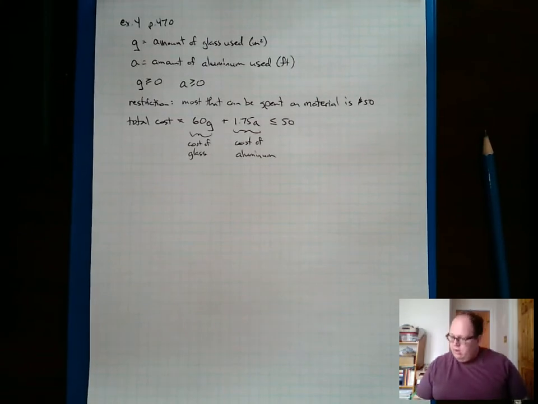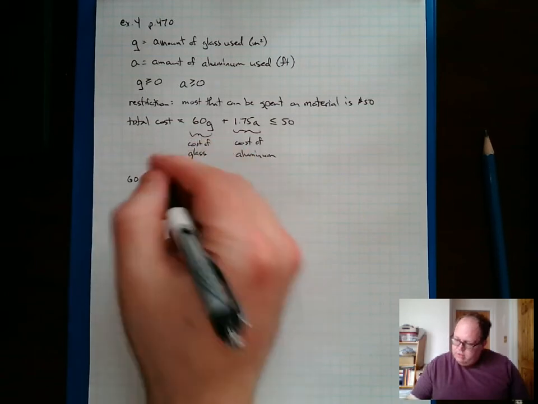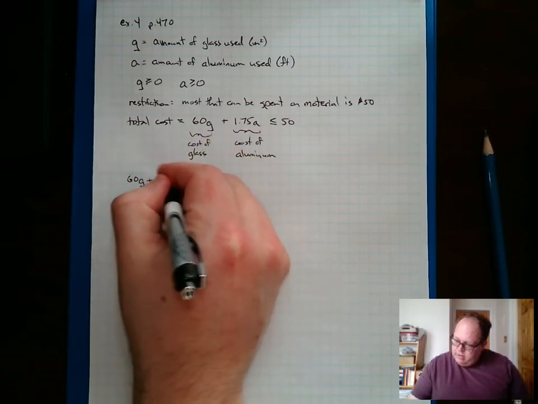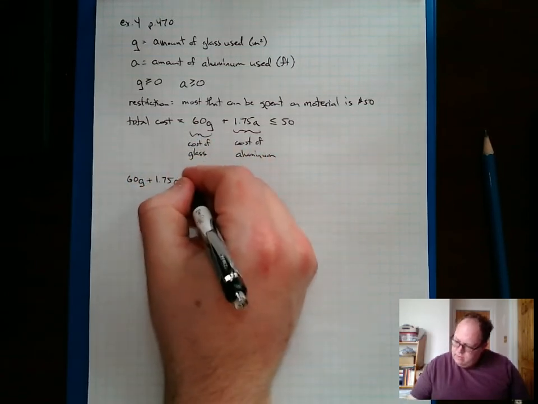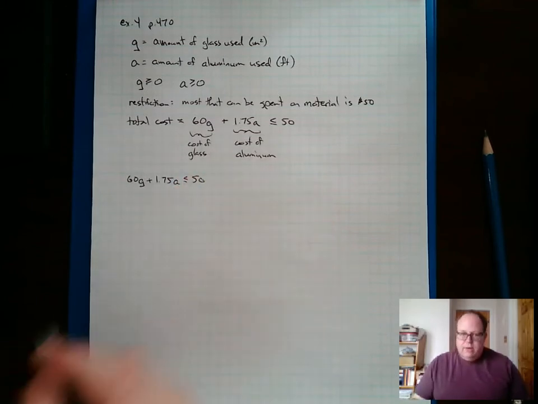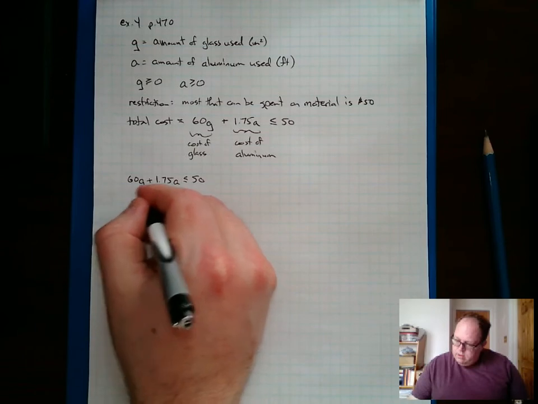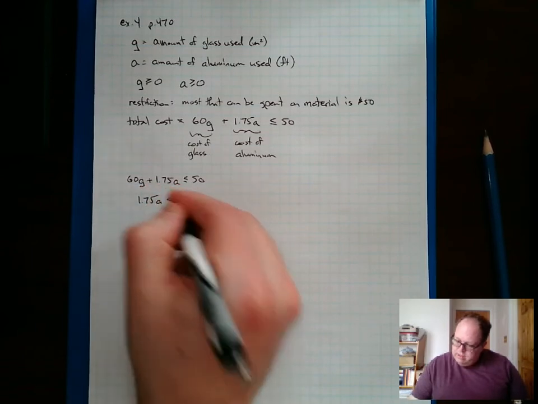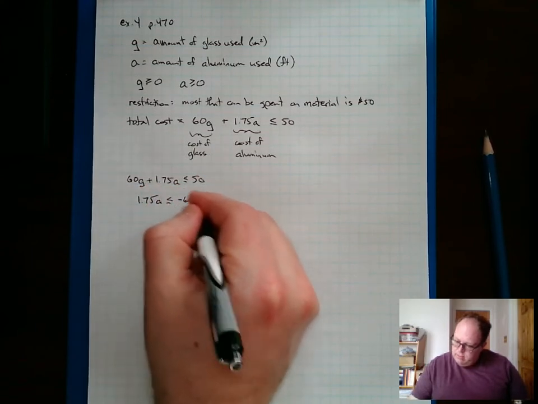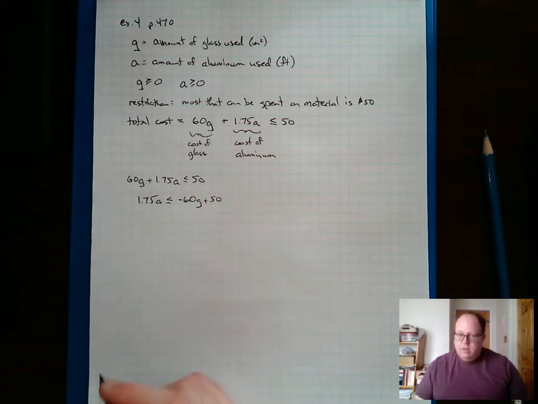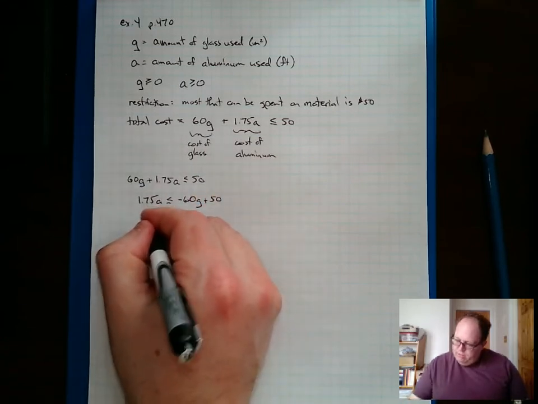So now I am down to an inequality, just like we saw before, but with some scary decimals. In this situation, there really isn't any dependent or independent variable per se, so just rearrange for whichever one you find easiest. I will probably rearrange for A, since that's going to make life a little less painful. So I will subtract 60G from each side, and then I will divide by 1.75.